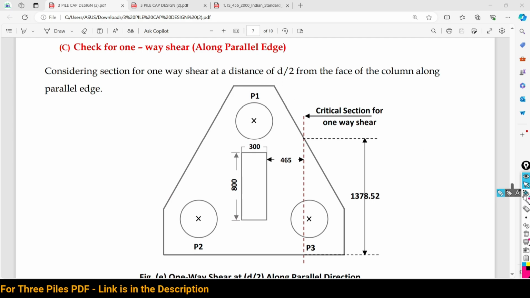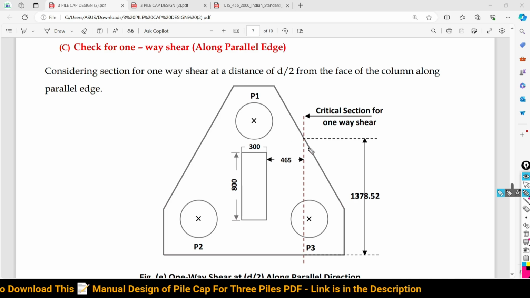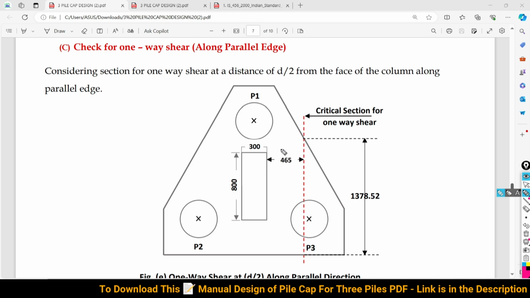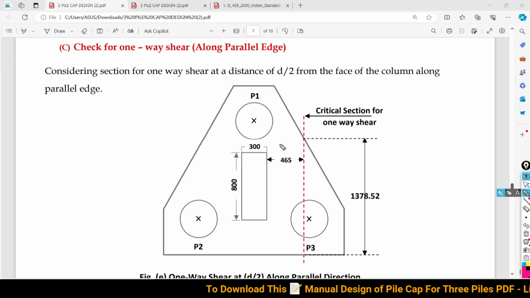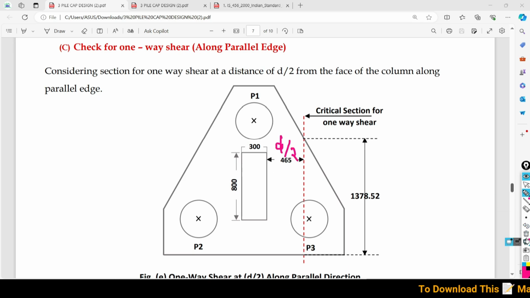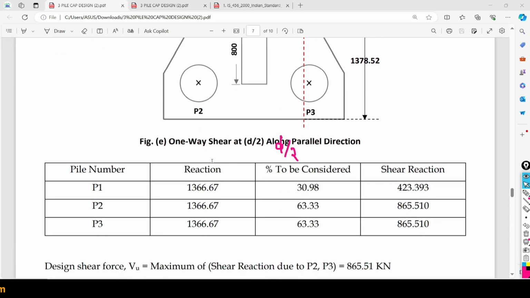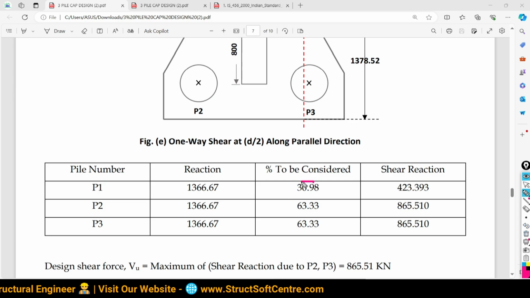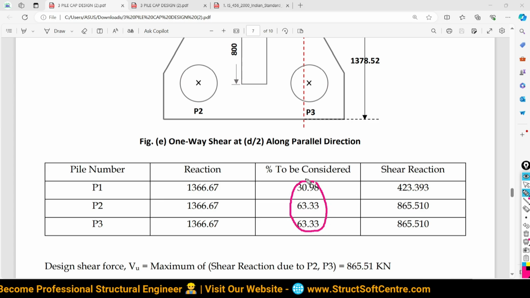Now see, it is similar to the distance that we considered for the punching shear. For the punching shear, we already considered the section at a distance of d by 2 from the face of the column. So both the sections are at the same place. Now when you consider the reaction, a reduction will be there, so again the same percentage is to be considered for the reaction.